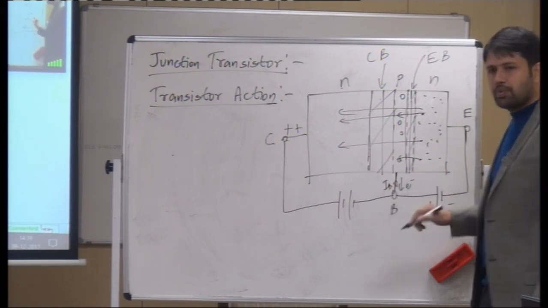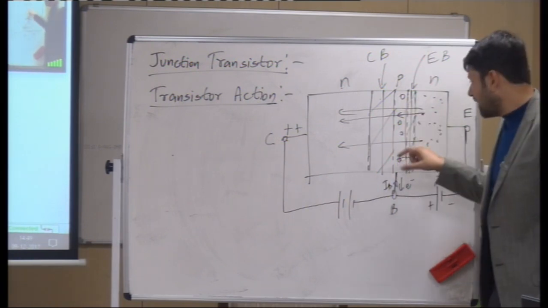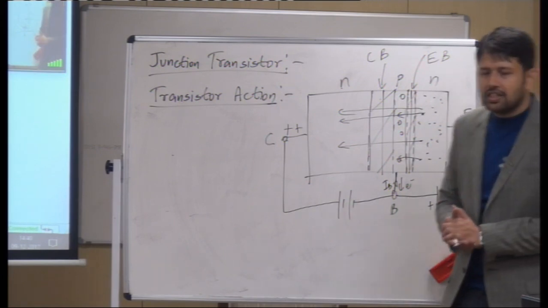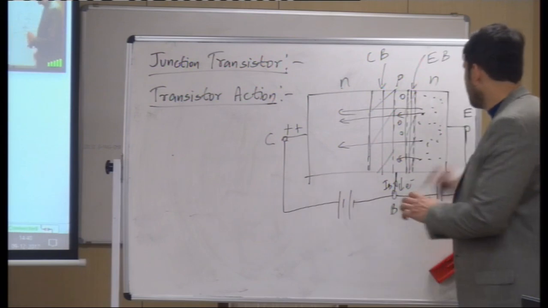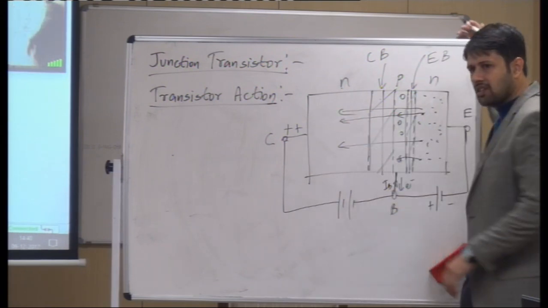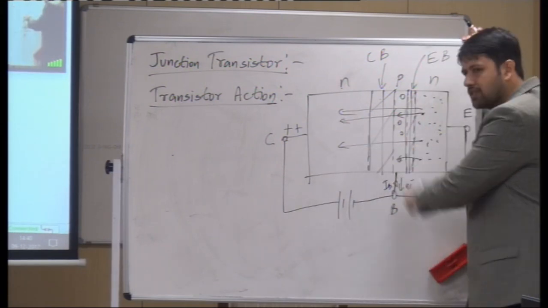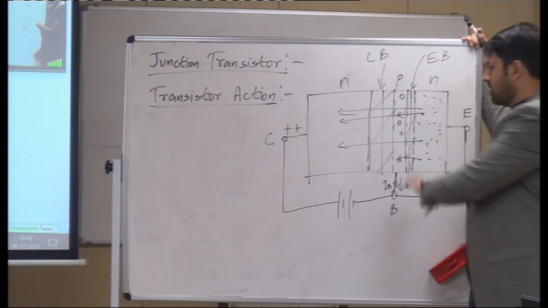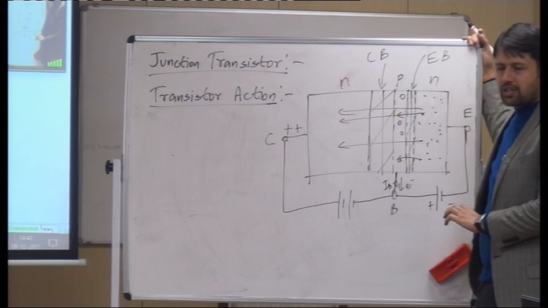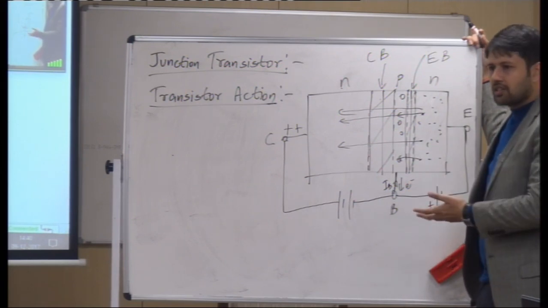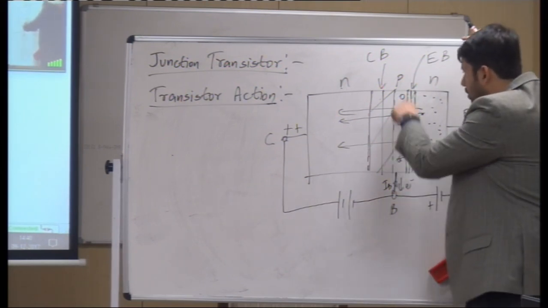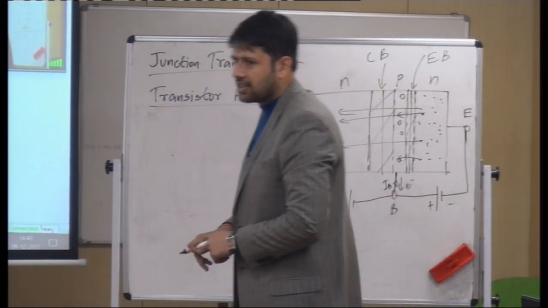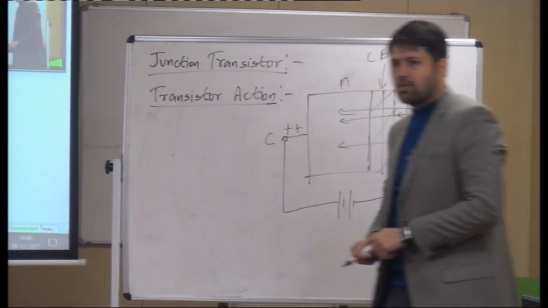When you pull out the electrons, the base is slightly cleared, only some portion is cleared, and the majority movement starts. If you supply more current, means you pull out more electrons, the base is further cleared, more majority charge carriers, and so on. So a time would come when there are no electrons occupying the base, and a large amount of current would be flowing.